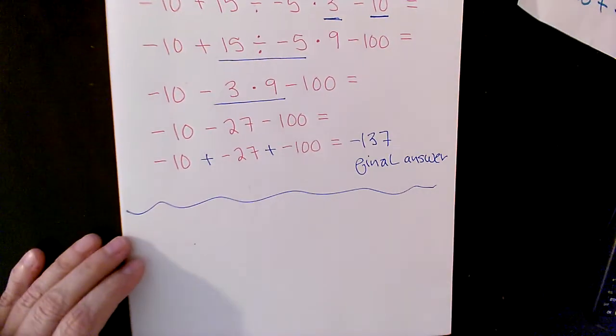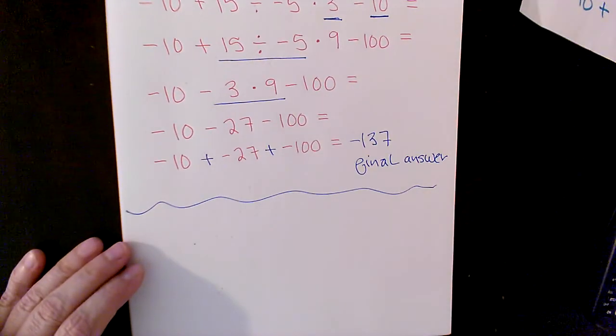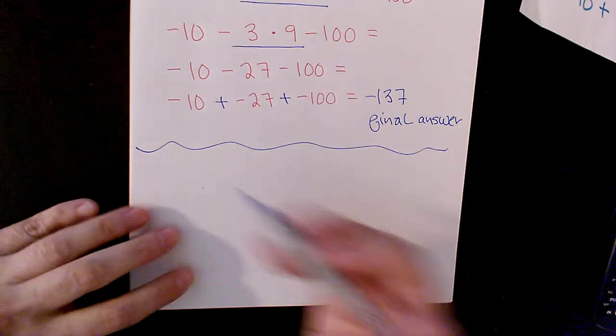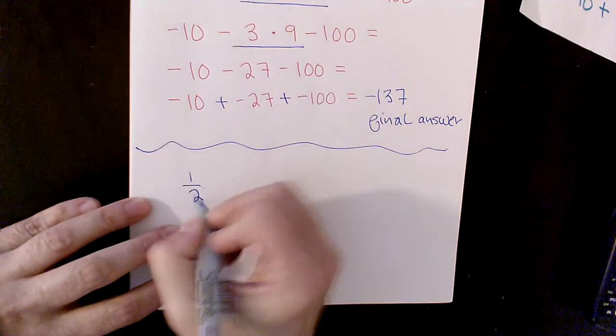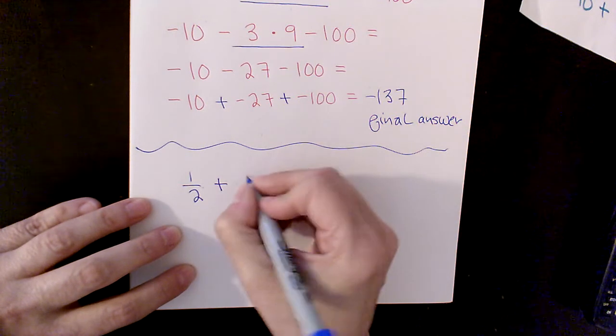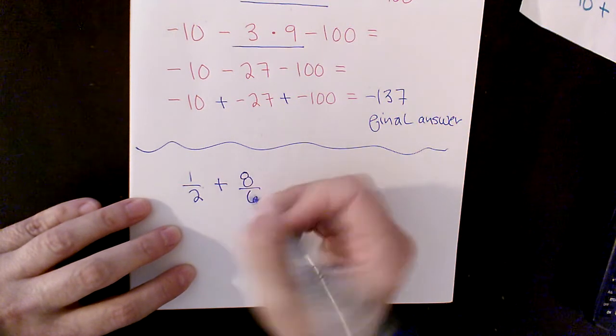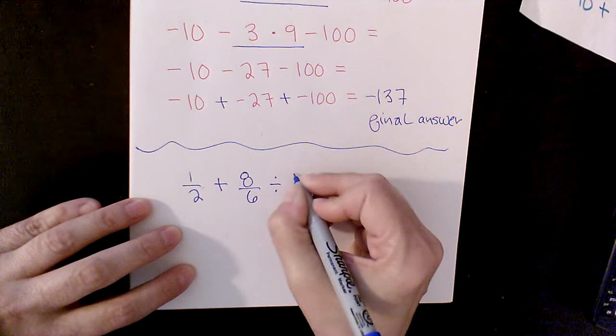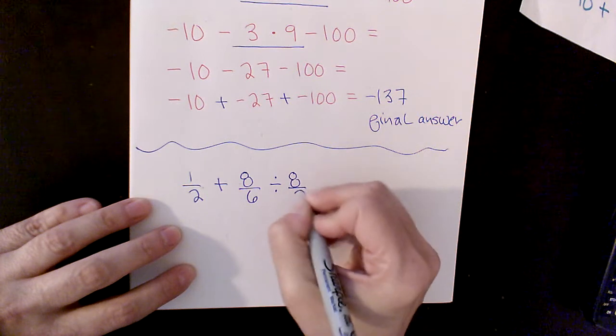Okay, last but not least, let's do a fraction. 1/2 plus 8 over 6 divided by 8 over 2.